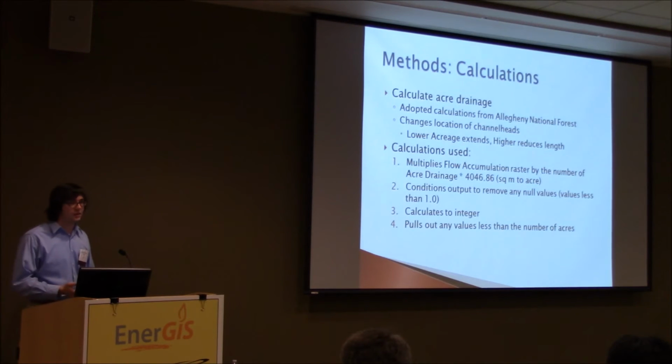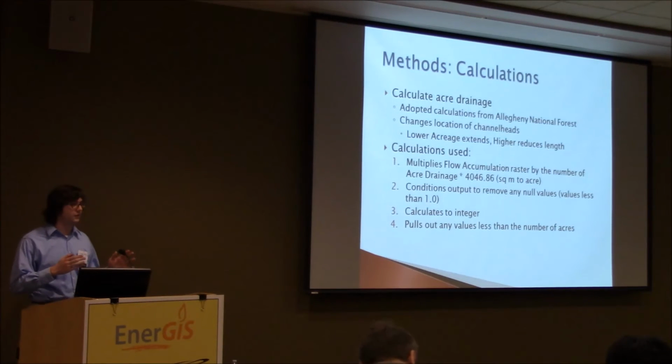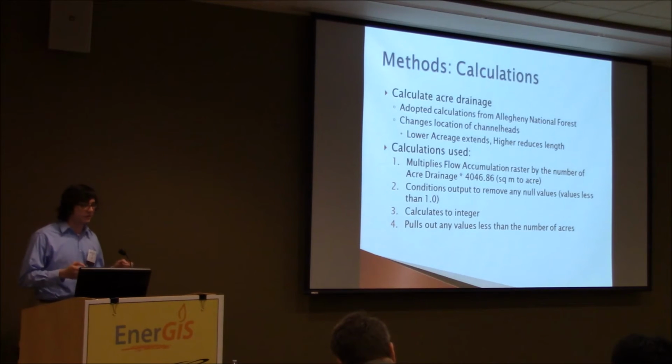We also did calculations for acreage. So we had a choice in the model, which I'll show in a couple slides, where you could break down the limitations of the final flow lines by either grid code, which is a stream order, so you can limit it by first, second, third, fourth stream order just based on the processing. And then we could further change the distance between the starting points of the flow lines based on the acreage.